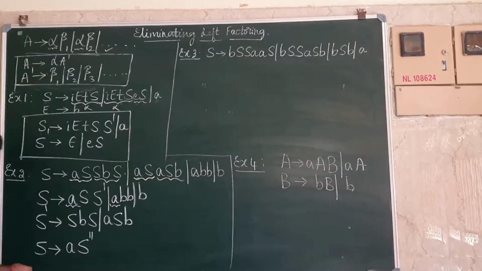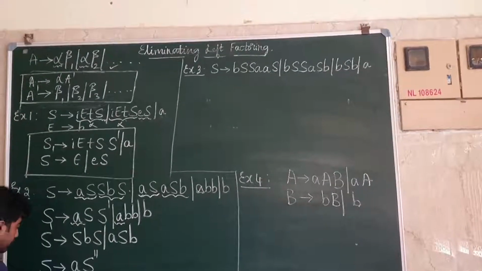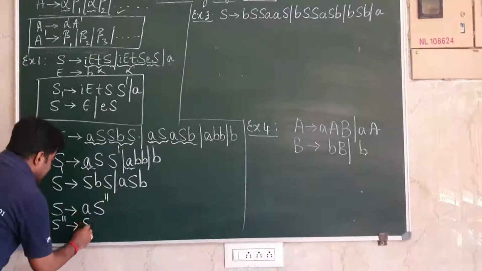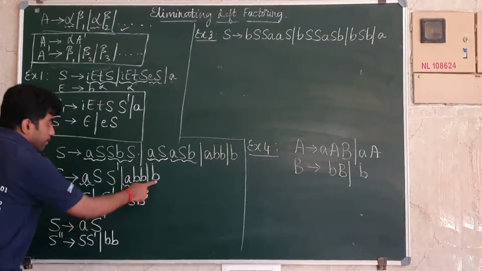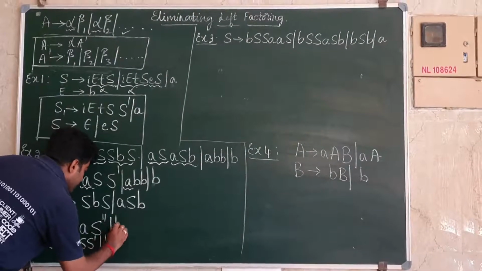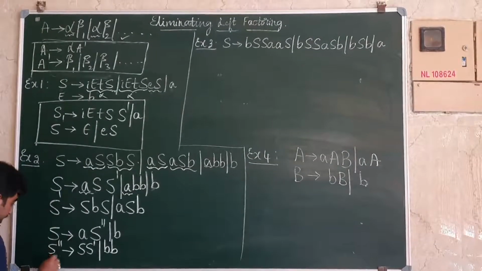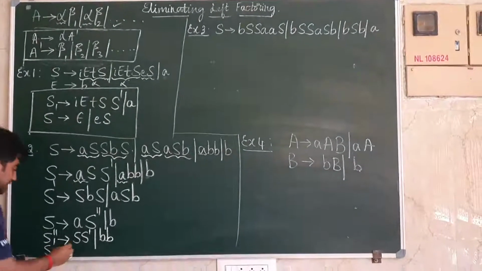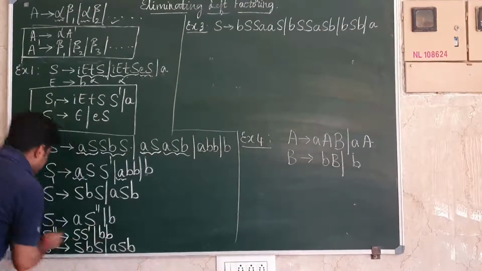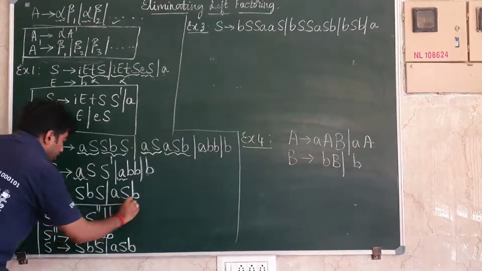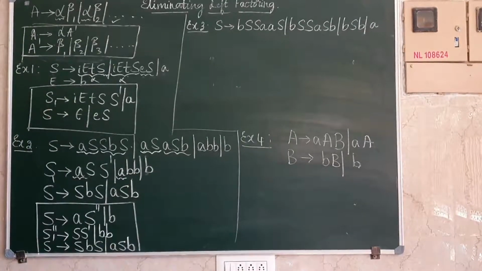So S double dash will be S dash or B. And what about this B? No need to worry, keep it here. Then retain this S dash as it is: SBS or ASB. This is the final grammar obtained after eliminating left factoring.